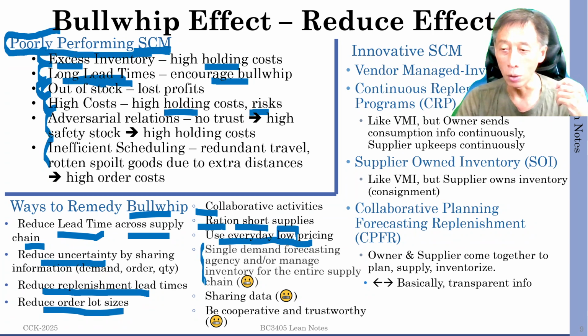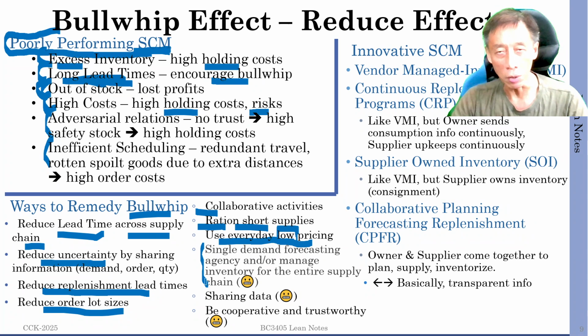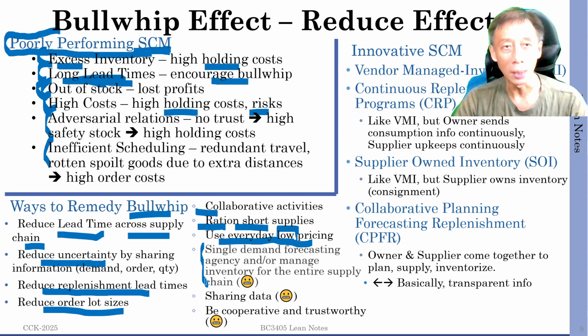Single demand forecasting. That means please work together, upstream, downstream, everybody work together. Show your books. All right, be transparent about your demands, your estimates, your buffers, your safety stock. When you show your books to everyone, and we are all knowing each other's plans, right? Then there is no gaming, right?